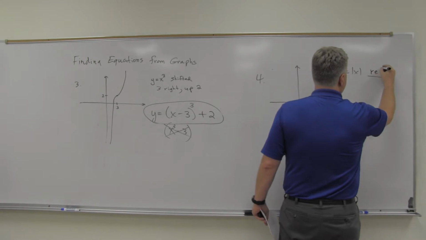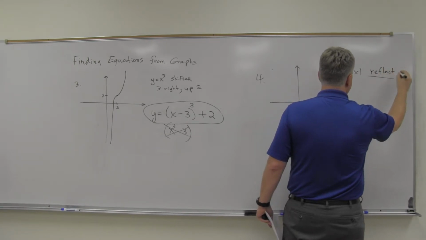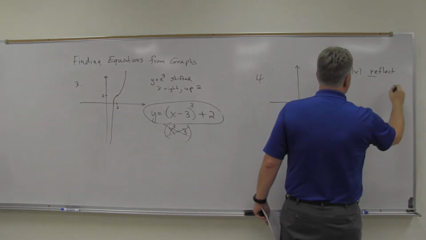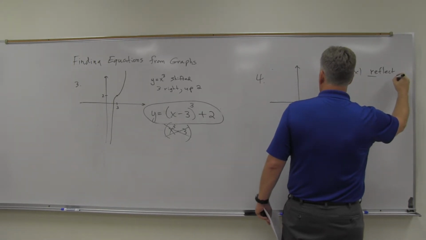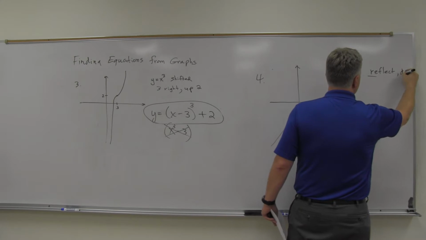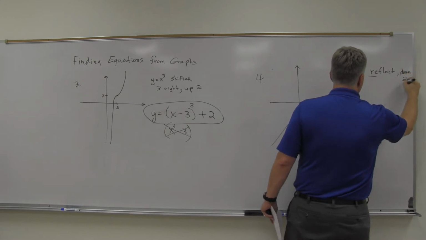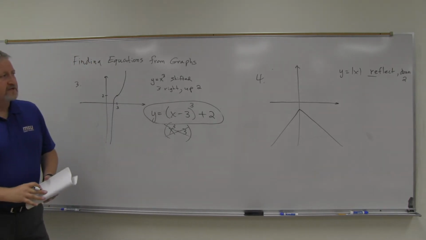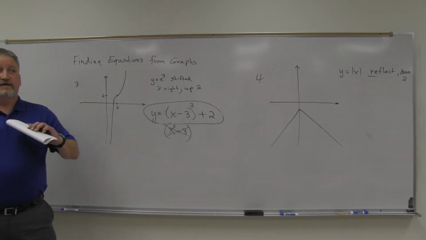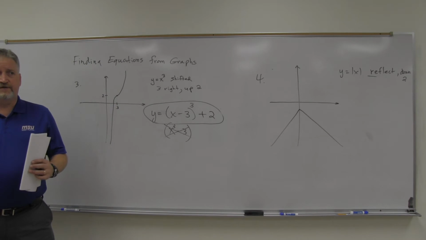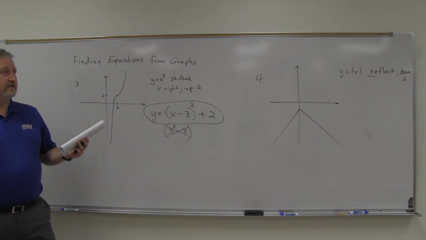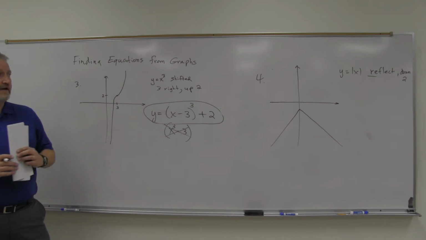Now, let me just tell you, the order does make a difference. Because the order here is I reflect it and then I move it down 2, not down 2 and then reflect it. That would be a little something else, and maybe I'll do that one here.